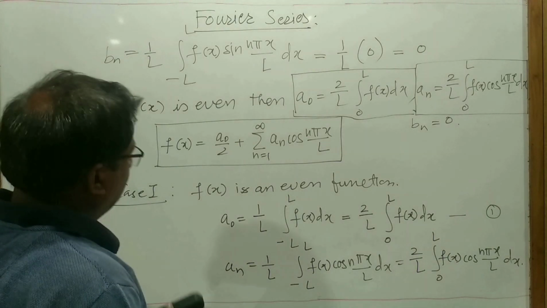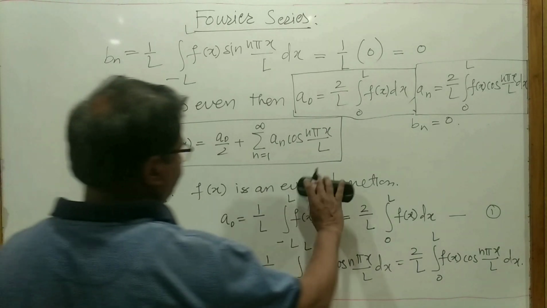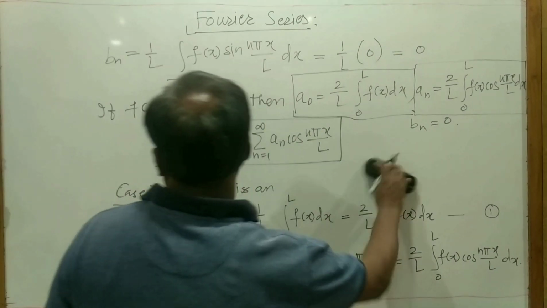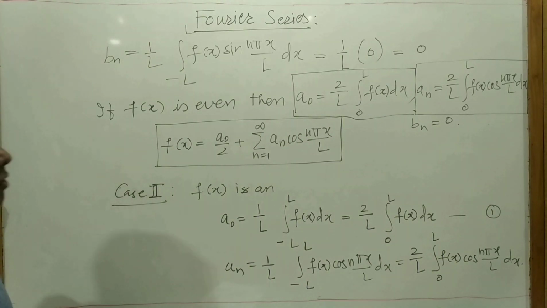Now we'll see another case where f of x is an odd function. Let case number 2 be: f of x is an odd function.